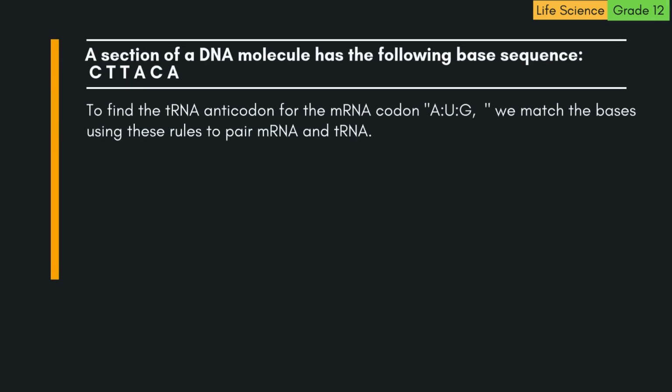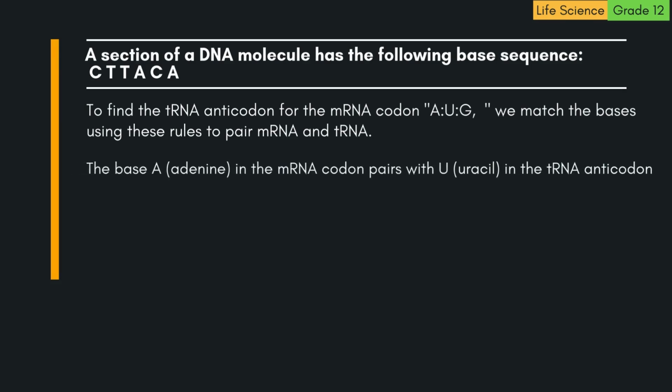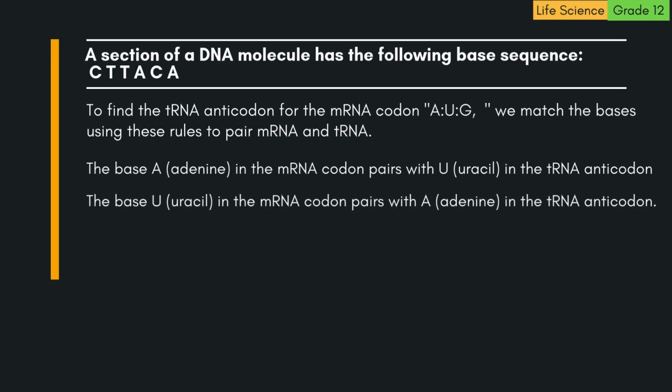To find the tRNA anticodon for the mRNA codon A, U, G, we match the bases using these rules to pair mRNA and tRNA. The base A, adenine, in the mRNA codon pairs with U, uracil, in the tRNA anticodon. The base U, uracil, in the mRNA codon pairs with A, adenine, in the tRNA anticodon.